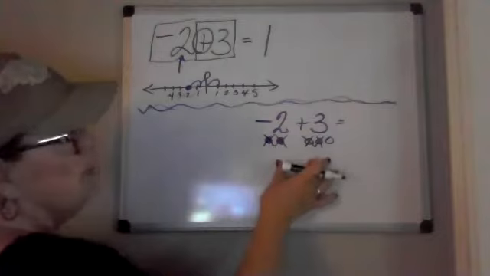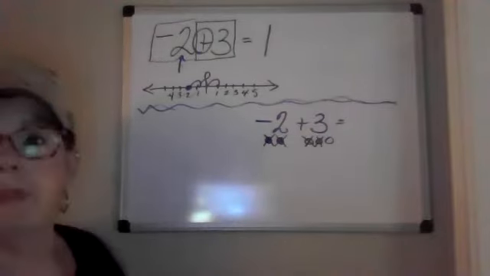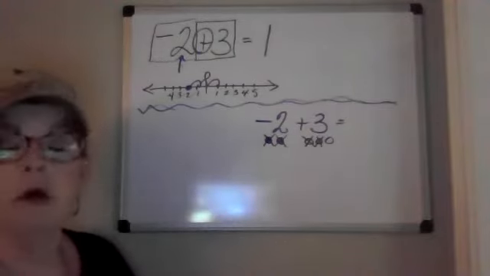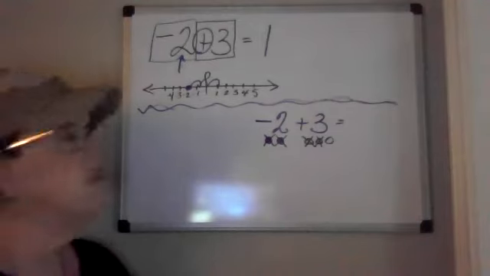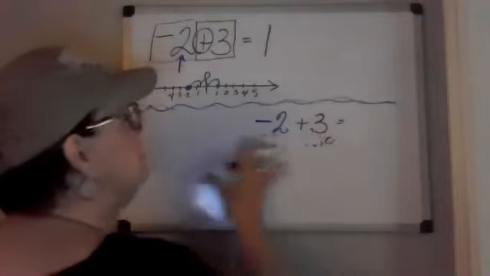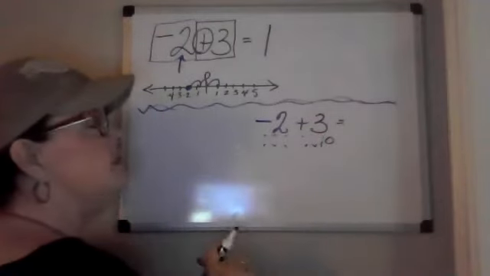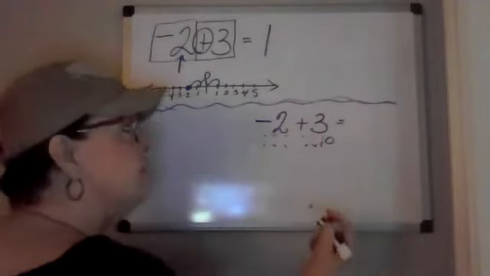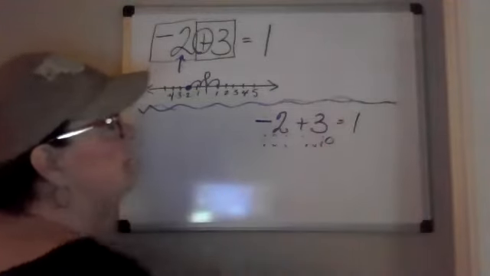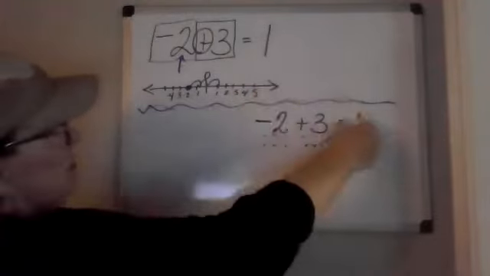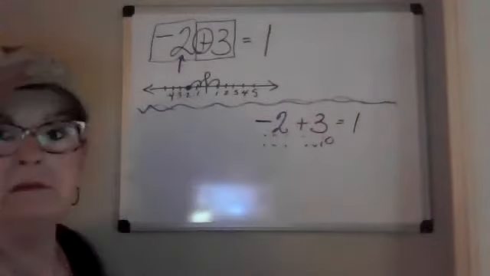Do you see any more 0 pairs? Nope. Good. You take out all of the 0 pairs, and then what is left is the answer. It's 1 and it's a positive, so +1. Same answer, different methods.